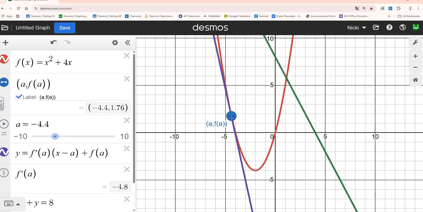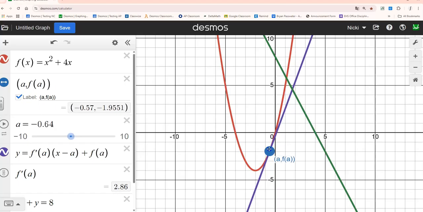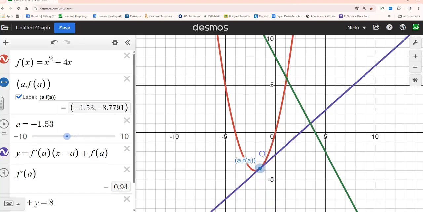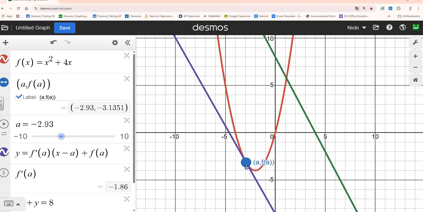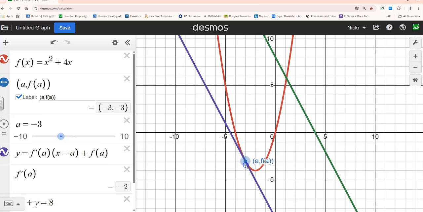Definitely over here, that's not parallel. My answer's not over here anywhere because I have a positive slope and a negative slope. That's not going to work. So it's definitely over here somewhere. Maybe at -3. What's my slope there? -2.